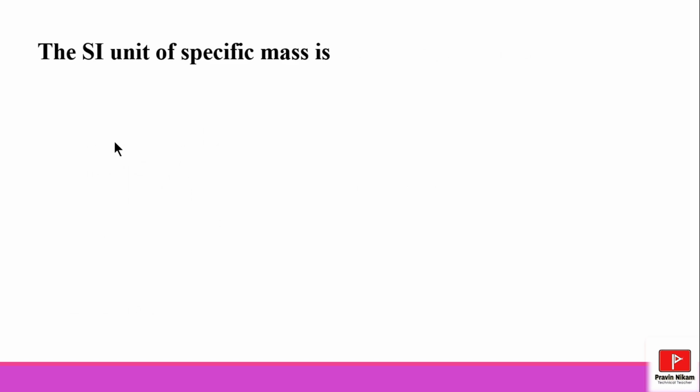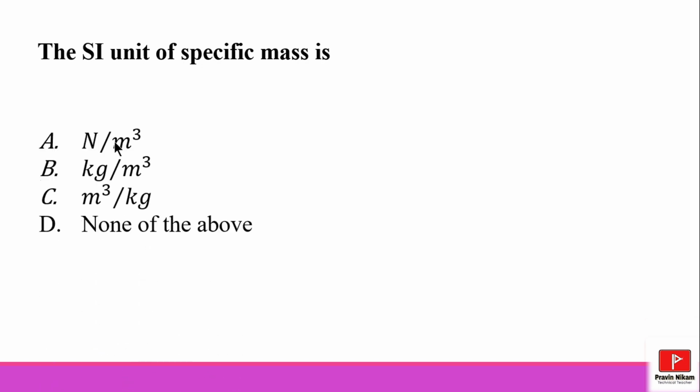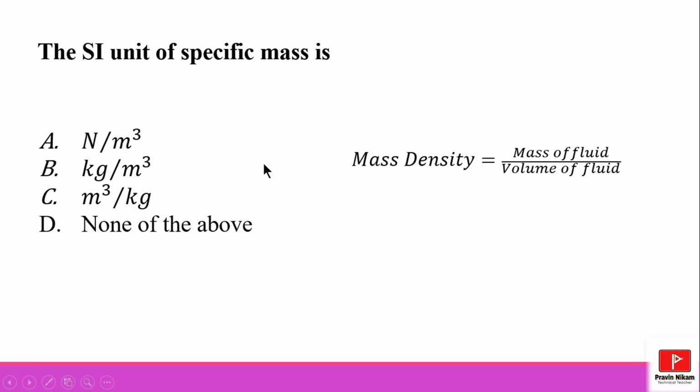The SI unit of specific mass is. We know the formula for specific mass is mass of fluid divided by volume of fluid. Mass density is equal to mass of fluid divided by volume of fluid. So rho is equal to m upon v.